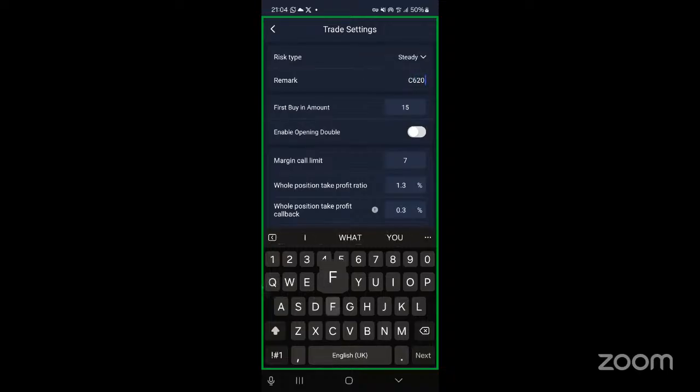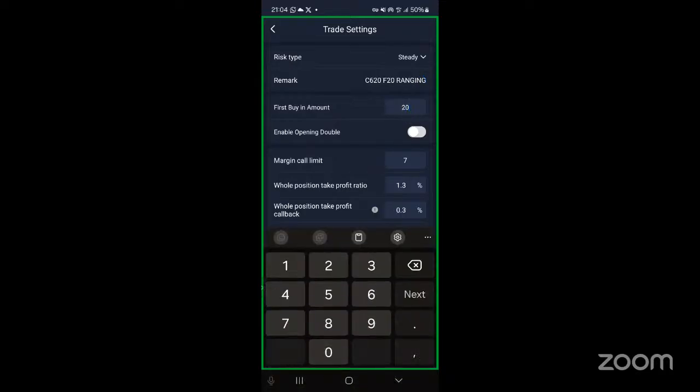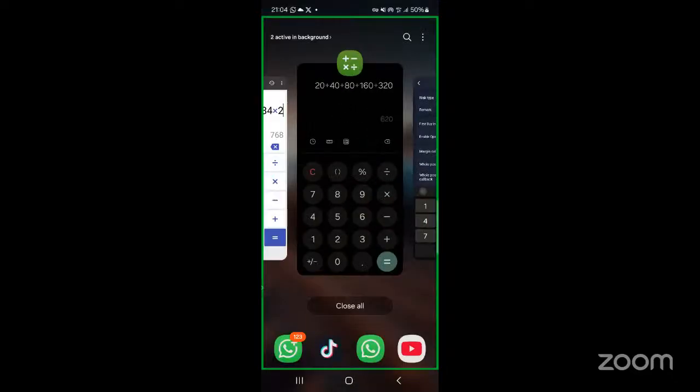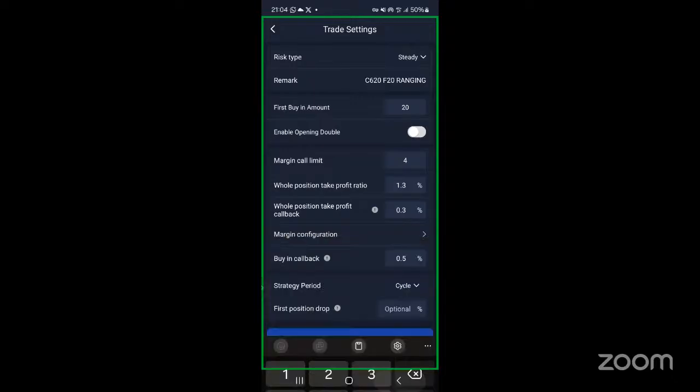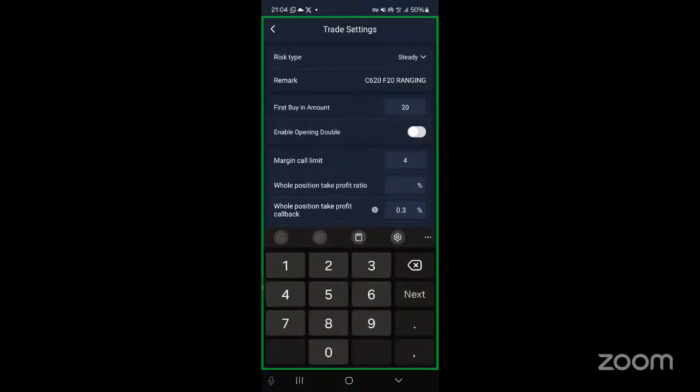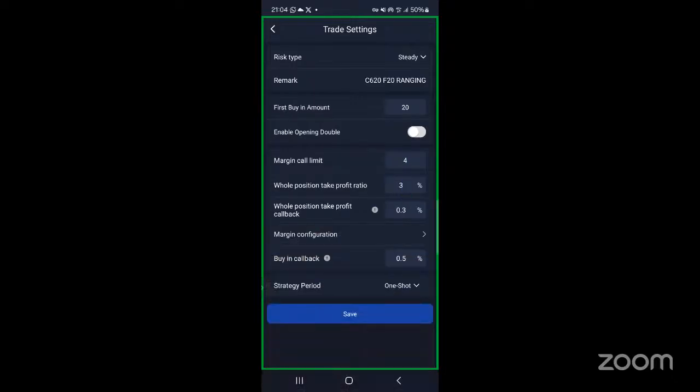F $20. Which market? Ranging market. Then put there $20. Margin calls, we saw margin calls there 4. Then I do this 3%. I save.